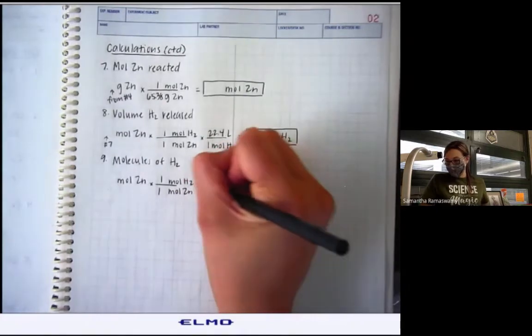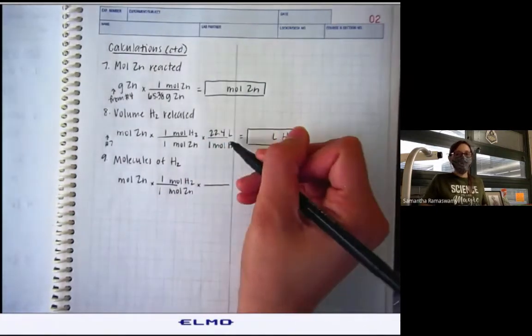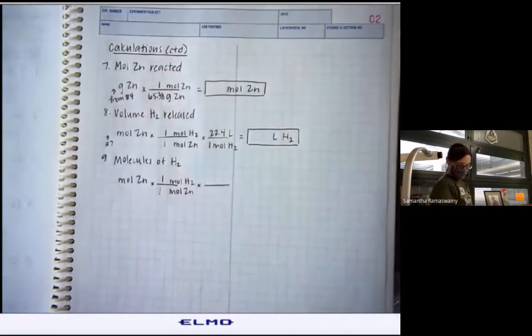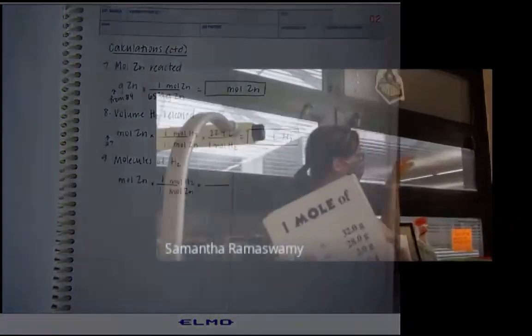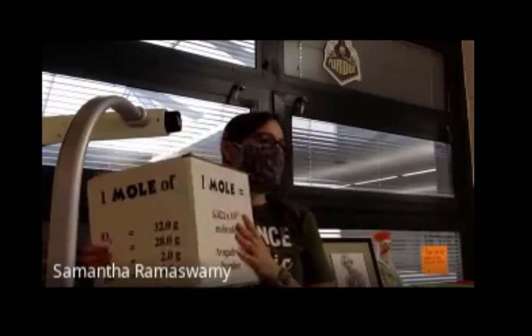Now, instead of using what we did up here with molar volume, it now wants molecules. So this box stays up on top of that cabinet all year long, unless keystones are given in here and then I have to take it down. Any other time it stays in here. But this box, this side is always facing you.